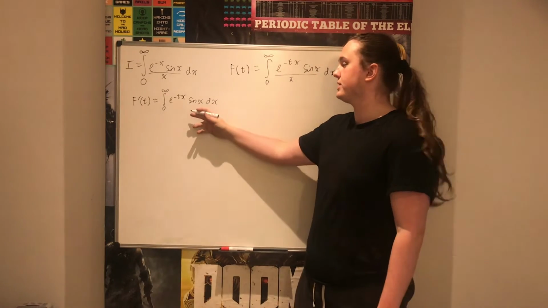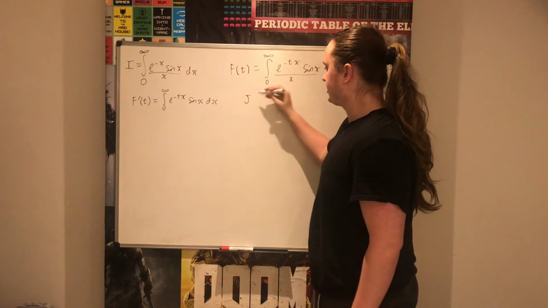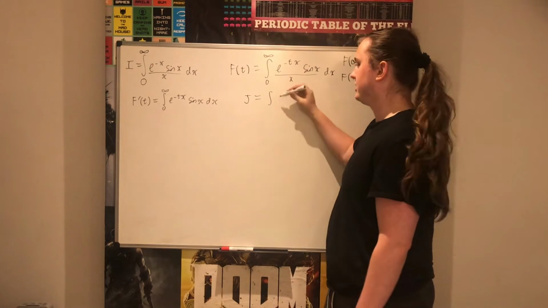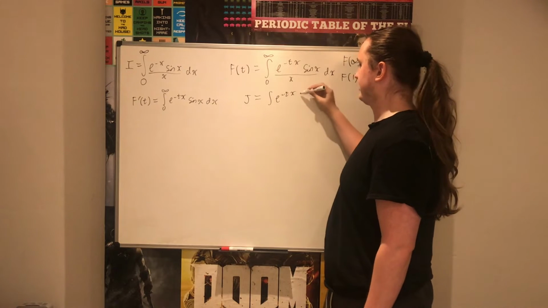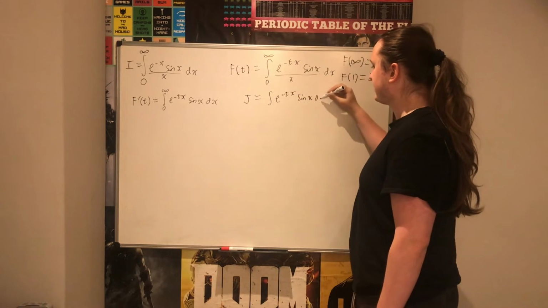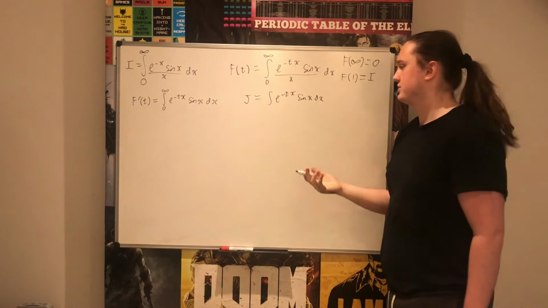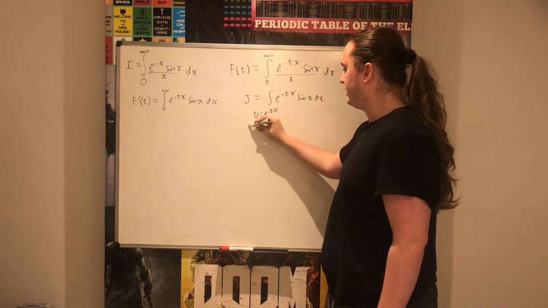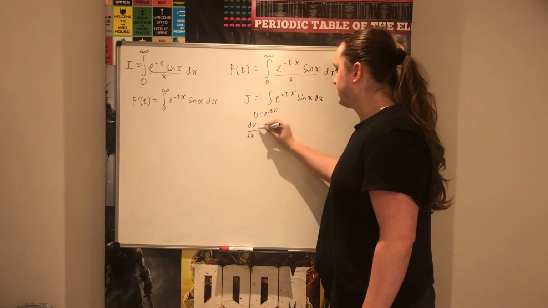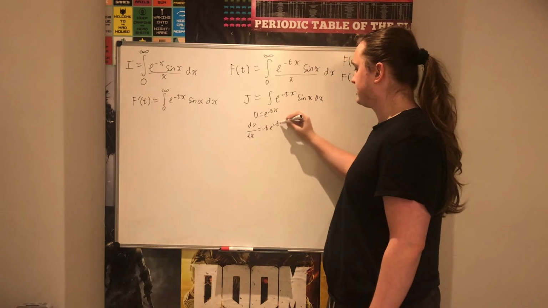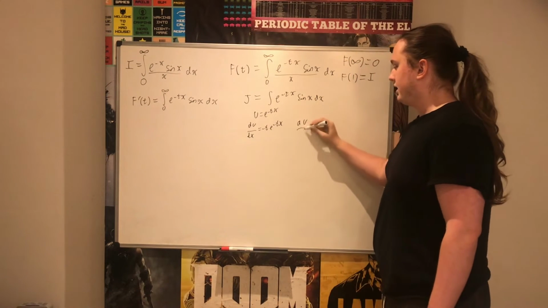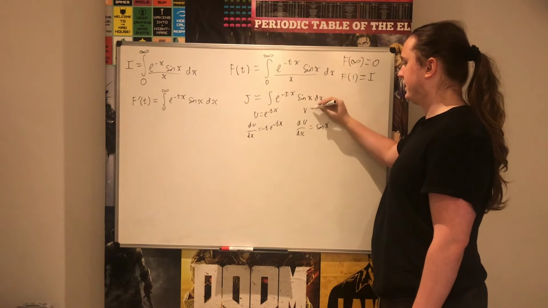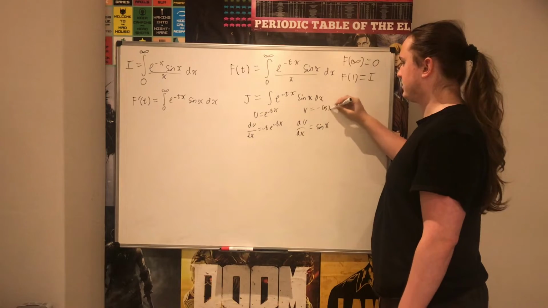So now we need to solve this integral. First I'm going to let J equal this integral without the limits, so e to the minus tx sine x dx, and we're going to solve this using integration by parts. So u equals e to the minus tx, du by dx equals minus t e to the minus tx, dv by dx is sine x, and that means v is minus cos x.